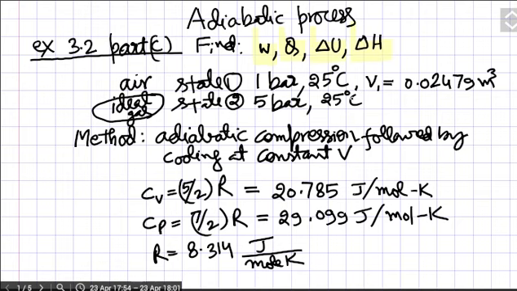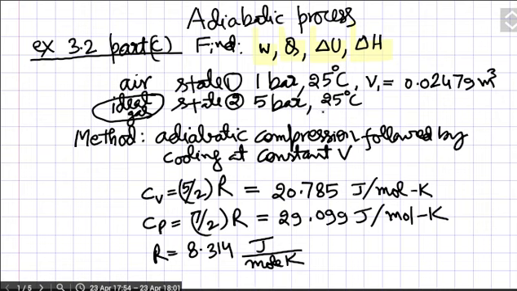In all these types of numericals you will have to find these four parameters: work, heat, delta U, delta H. You already know this because many times I have explained this.